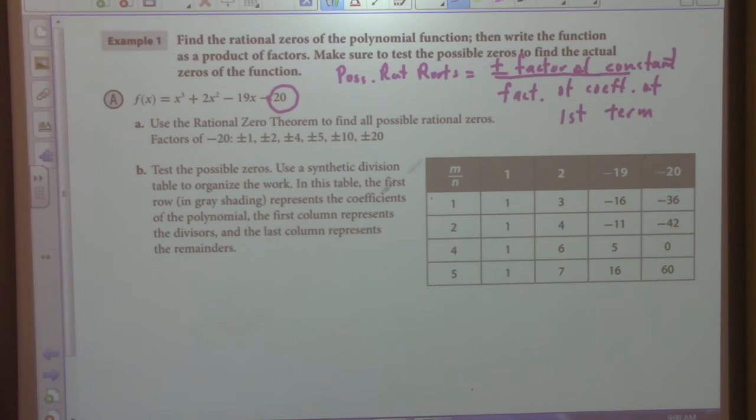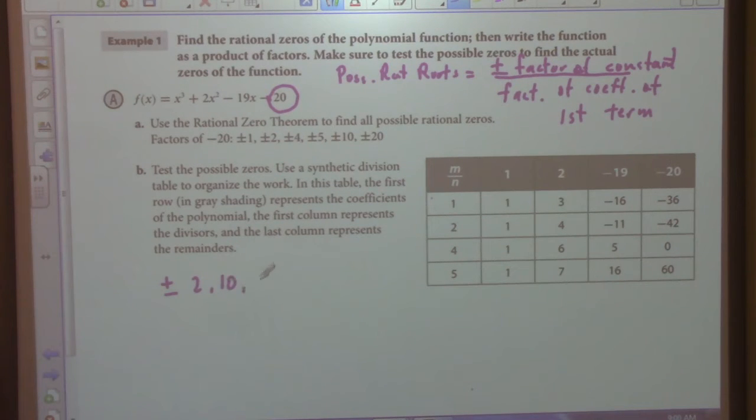Okay, so now I'm going to go ahead and show how that goes. And here they give you the answer, but I'm going to show you how to get that answer. What we're going to have is plus or minus the factors of the constant. What are the factors? 2. What else? 10.